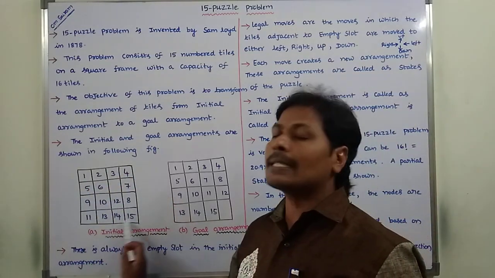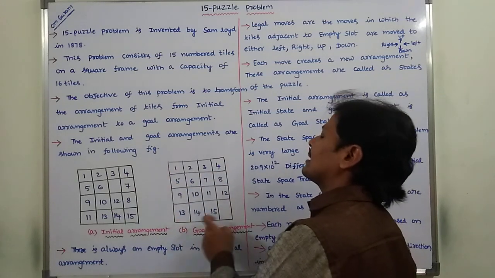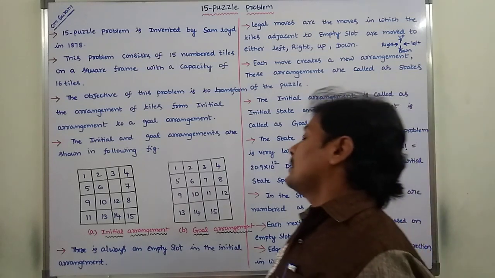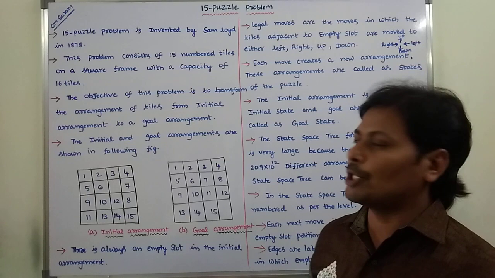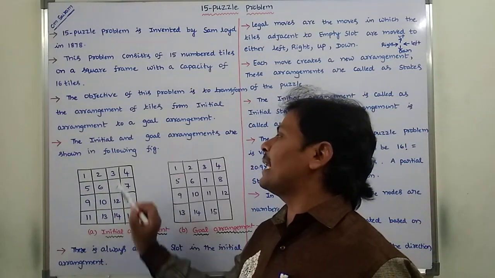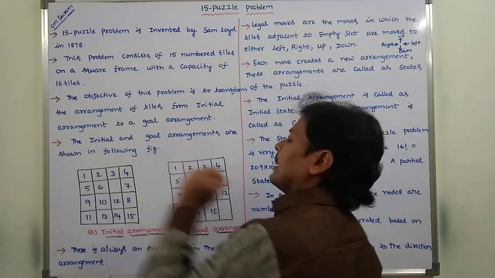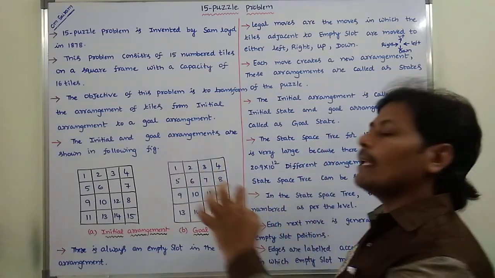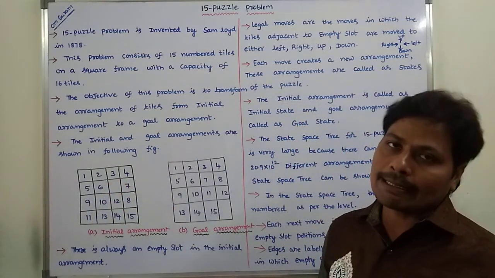This arrangement is called the initial arrangement and this arrangement is called the goal arrangement. There is always an empty slot in the initial arrangement. In this initial arrangement, this is the empty slot.